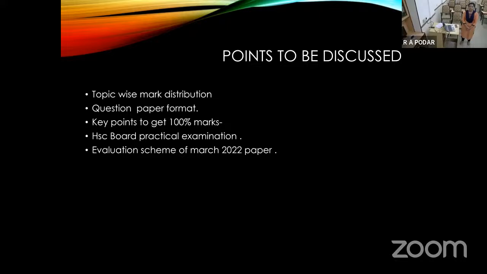I think this point we had discussed already. And the evaluation scheme of the March 2020 paper, which we had shared on our official WhatsApp group. Hope most students have solved this paper, and just carry it, because this point is going to be discussed by Kakade sir. So please be ready with your March 2020 paper. And yes, next.